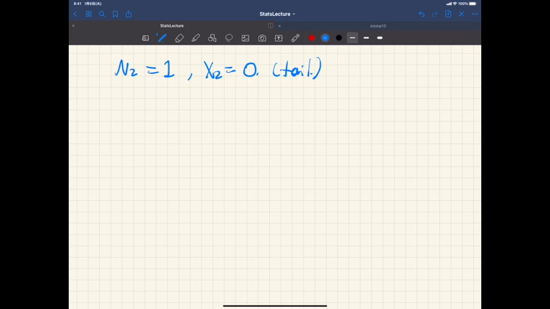Our prior distribution is now the previous posterior distribution. So for the second posterior distribution, x2 is 0 and n2 is 1. This information now includes the previous experiments.